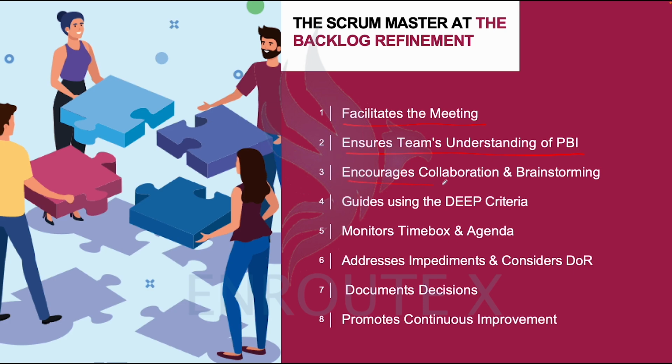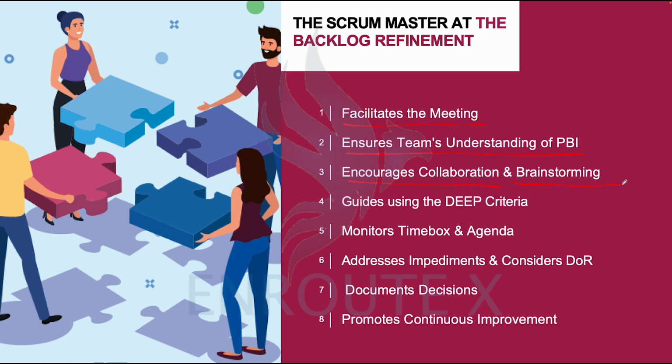Also, the Scrum Master encourages collaboration and leaves room for brainstorming. What happens in most teams, if I borrow a leaf from another framework called extreme programming, where the product owner role is called the customer, and they have development teams or developers also.